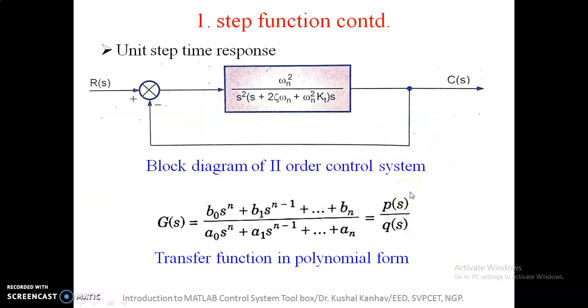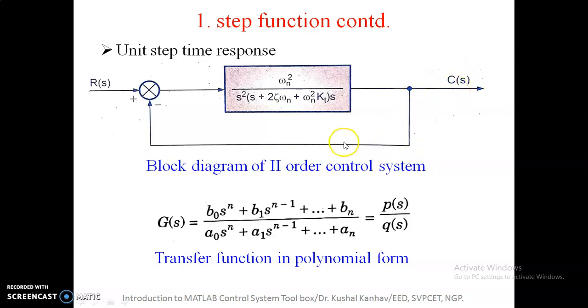Now we know that the physical system can be represented with the help of block diagram. You are observing the block diagram of a second order control system. R of S is the Laplace transform of input signal, that is R of t. Similarly, C of S is the Laplace transform of output signal C of t.